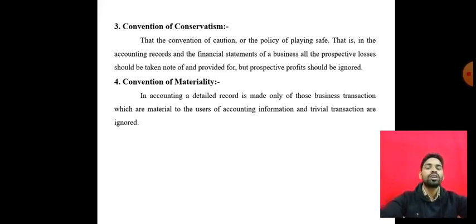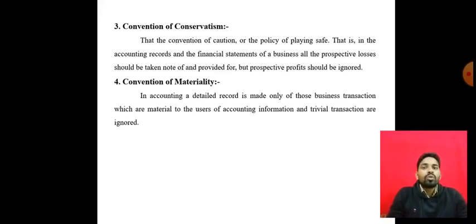Whatever transactions take place in the business, the important or significant ones are recorded in the books of accounts. Trivial means insignificant, not important, and those transactions are ignored. This is nothing but the convention of materiality.